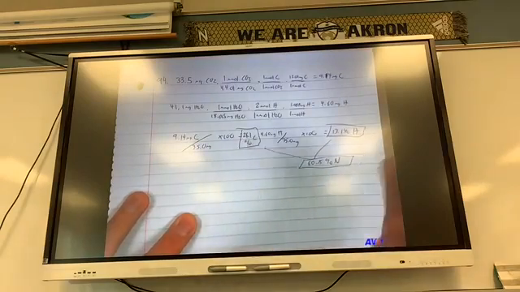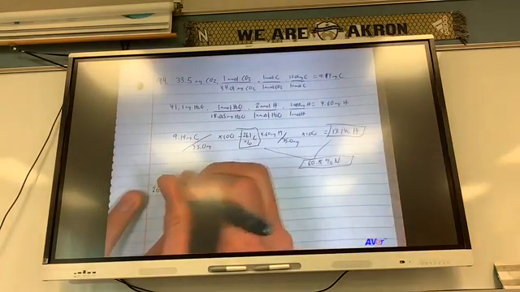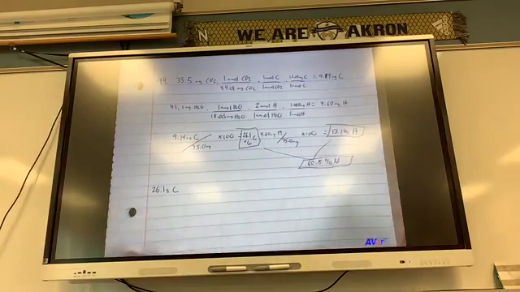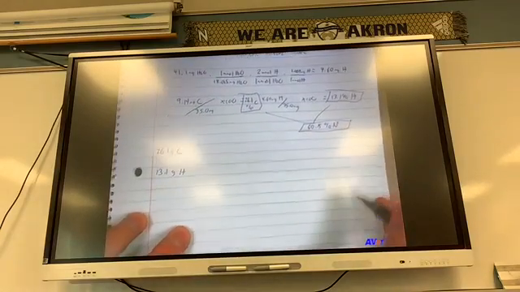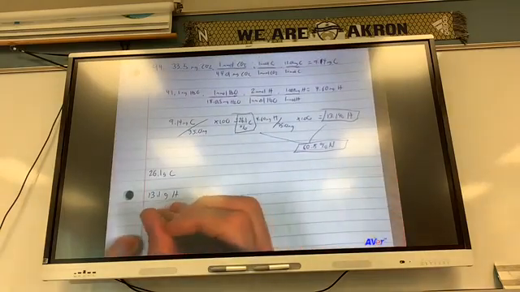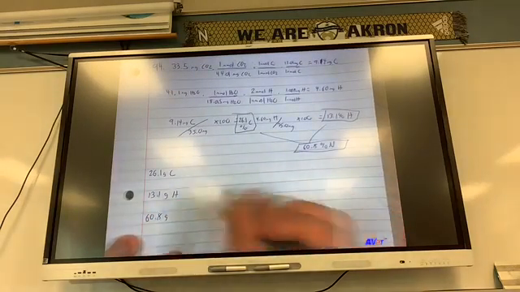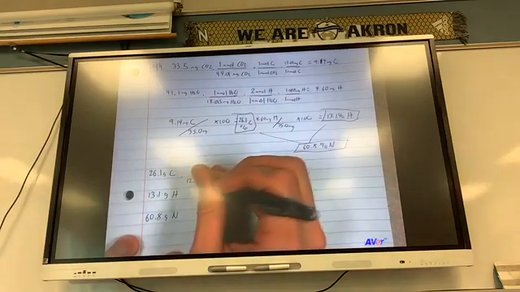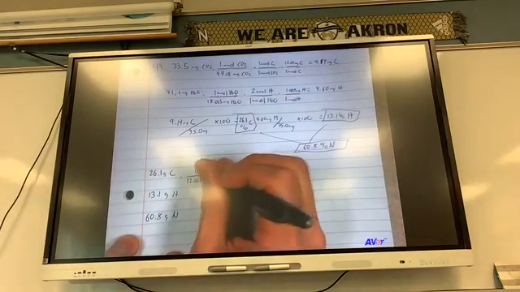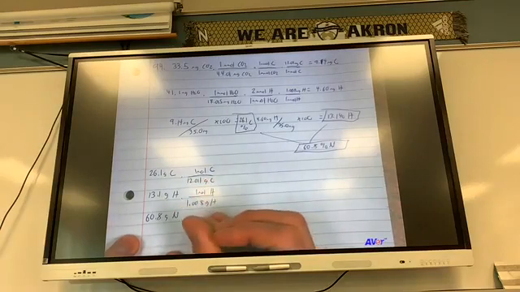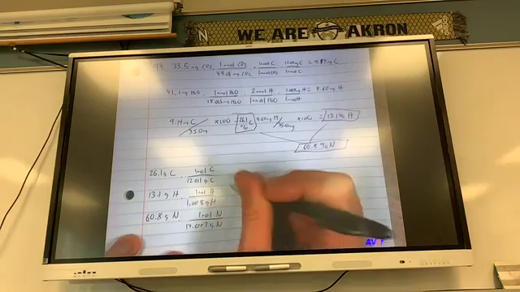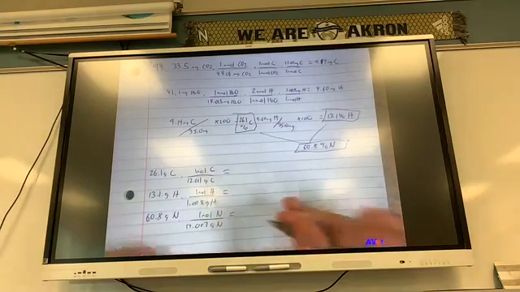So I'm going to take my 26.1% and turn that into 26.1 grams of carbon, 13.1% into 13.1 grams of hydrogen, and my 60.8% into 60.8 grams of nitrogen. Then I multiply by 1 mole per 12.011 grams of carbon, 1 mole per 1.008 grams of hydrogen, and 1 mole per 14.007 grams of nitrogen. You're going to start memorizing these pretty quickly.